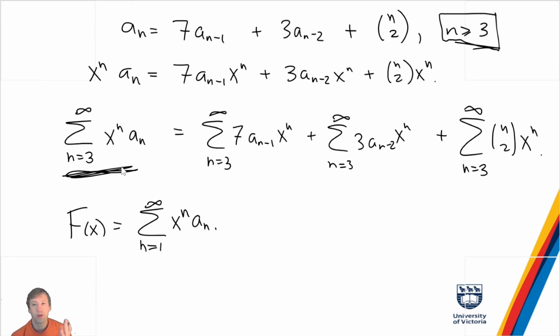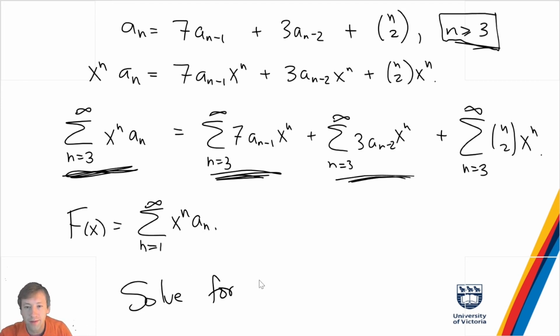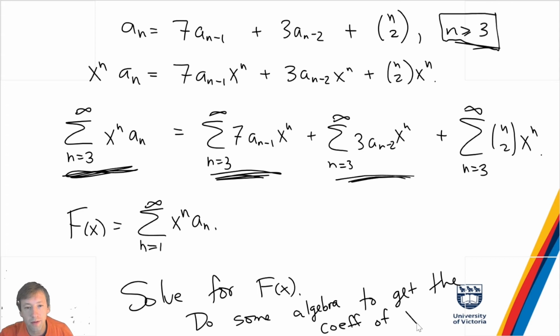It's just f of x minus the first two terms. This thing is kind of close to f of x. You just pull out an x and subtract a term or something. And then this is also pretty close to f of x. And then you want to solve for f of x.